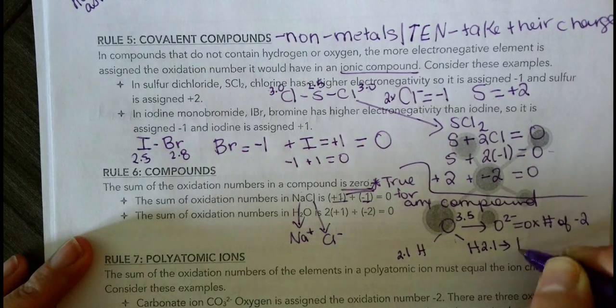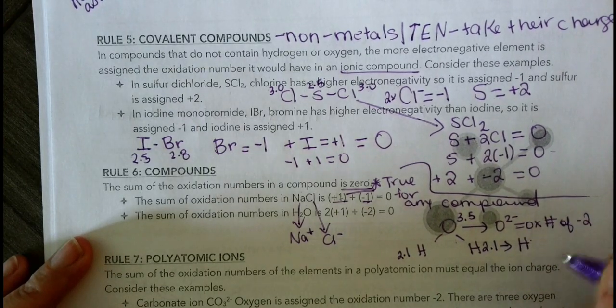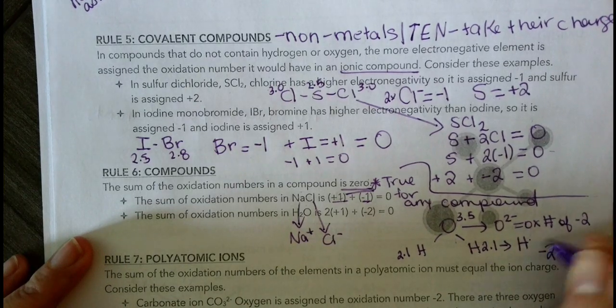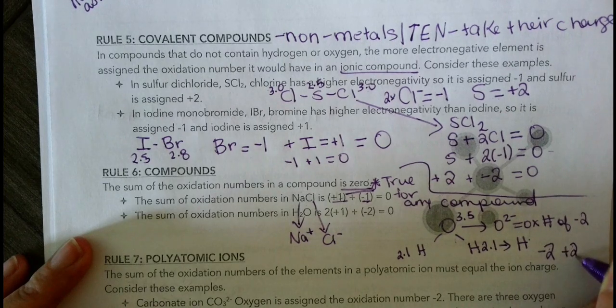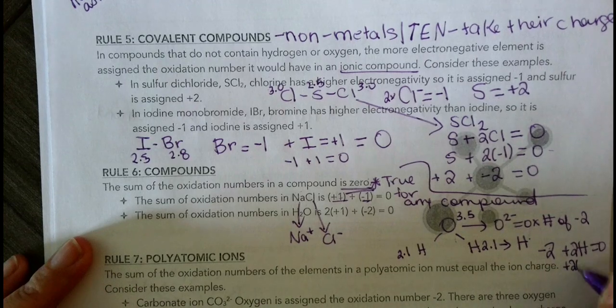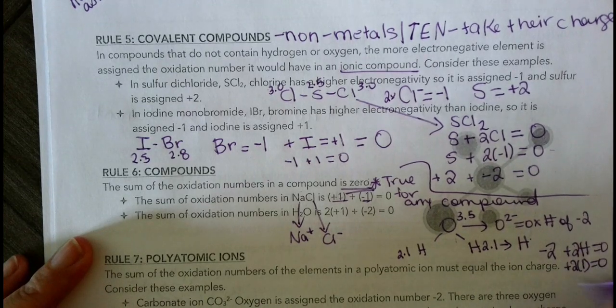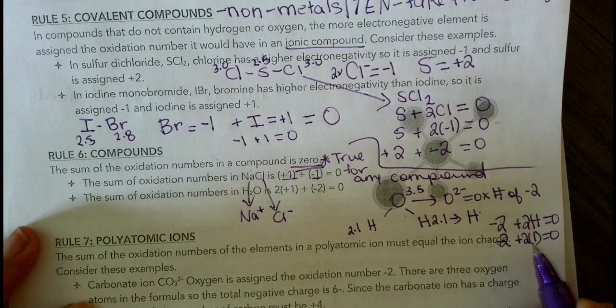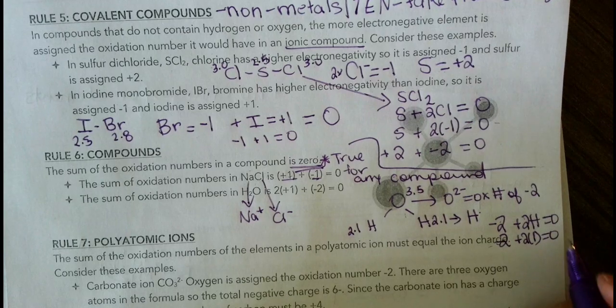Hydrogen is going to make up the rest. So -2 for oxygen plus 2 hydrogen equals 0. The 2 hydrogen here has to be a positive 1 each to get 0. So -2 plus 2 gives 0. Hopefully that makes sense.